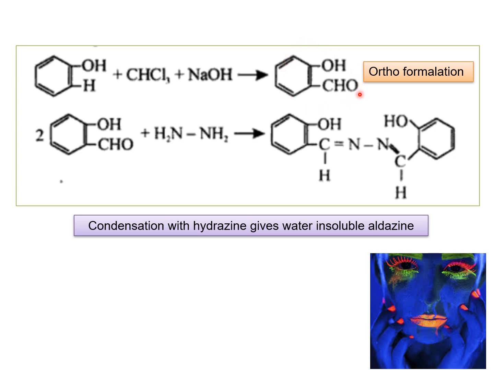Two such molecules wherein the aldehyde has been formed react with hydrazine to form a complex which is water insoluble, so it can be collected on the filter paper, and if observed under UV light, it creates yellow fluorescence.